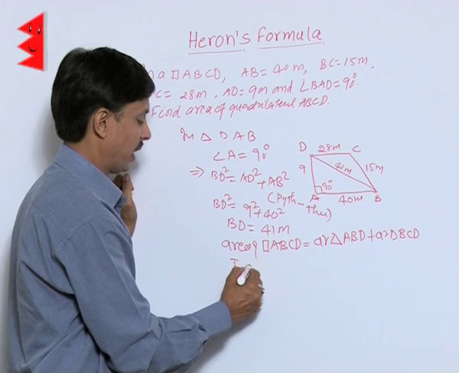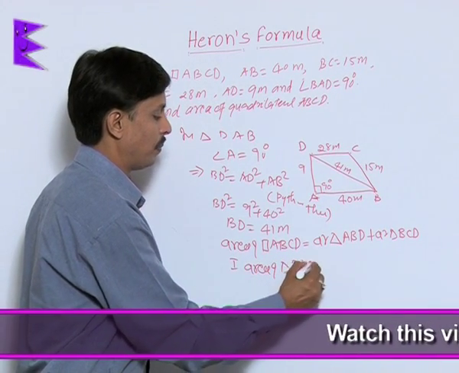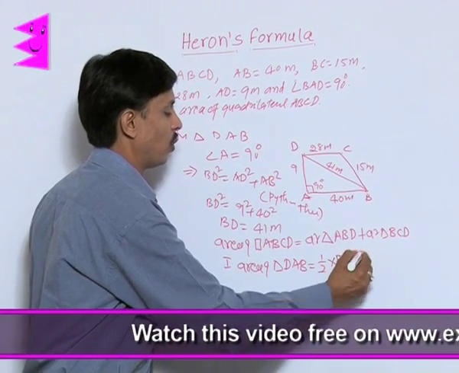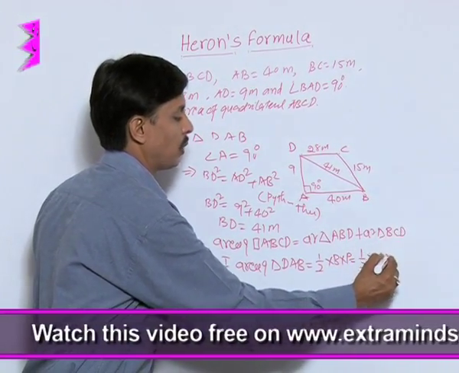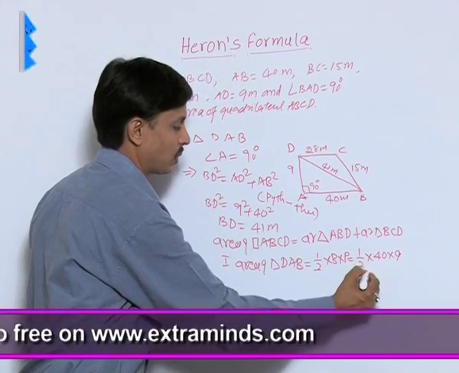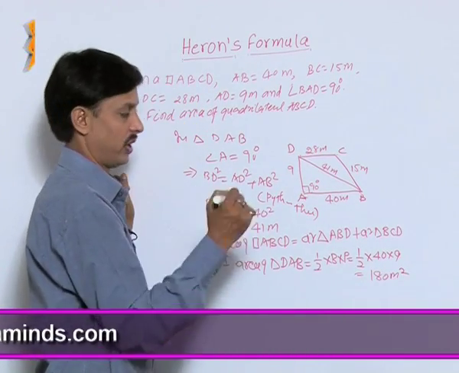First I am calculating the area of triangle DAB, which is half into base into perpendicular, half into base 40 and perpendicular 9. Angle is 90. That's why this value becomes 180 meter square.